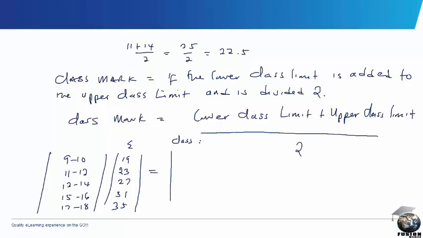And so what we have to do now is to determine the class mark. Let this column be for the class mark, for all of them. The class mark is determined by dividing by 2 the sum of both the upper class limit and the lower class limit. So 19 divided by 2 gives you 9.5. 23 divided by 2 gives 11.5. 27 divided by 2 gives 13.5. 31 by 2 gives 15.5. 35 by 2 gives 17.5.